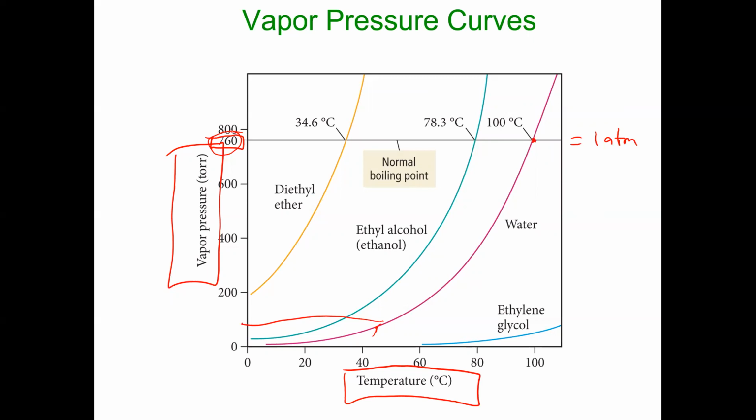So what does that mean? The normal boiling point for water is 100 degrees Celsius, because that's at what temperature I'll get 1 atmosphere of vapor pressure. We also see in the curves that they're exponential. And we see, based on the intermolecular forces, that the curve reaching the normal boiling point is dependent on that.